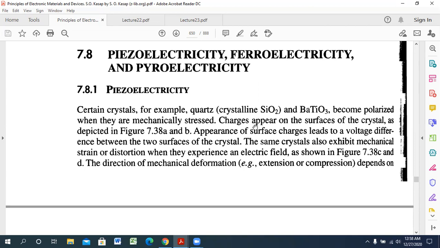Then the charges appear on the surface of the crystal, and we will show these things in the figure also. Whenever there is a difference of charges on the two surfaces of the crystal, then the electricity will flow. Okay.